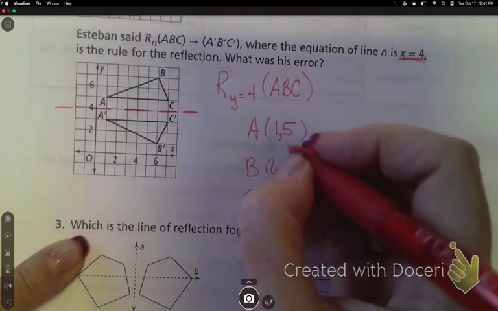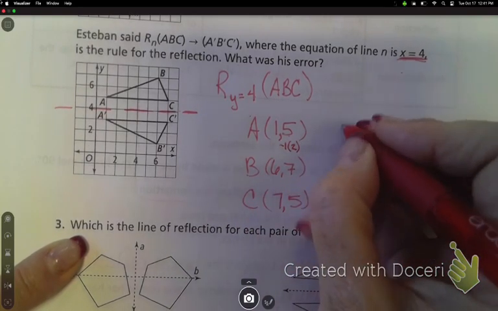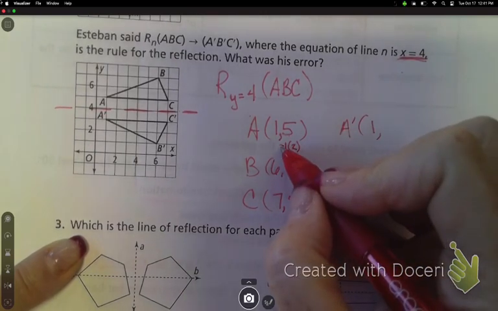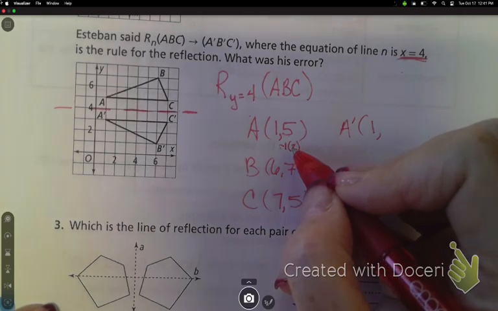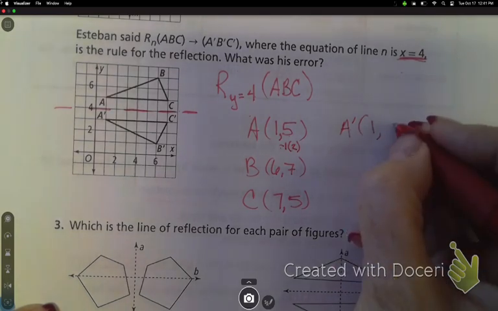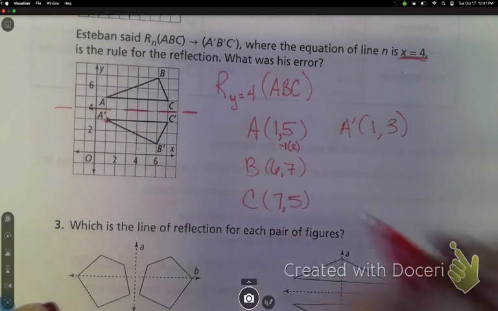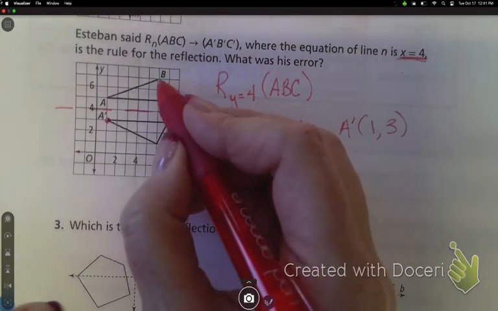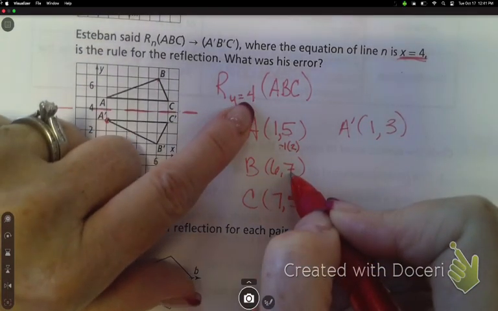So that would be minus 1 times 2. So A prime would be what? What's negative 1 times 2? Negative 2. So what's 5 minus 2? 3. Is this point not at 1, 3? Okay, see what I'm doing? Okay, B, I'm going from 7 to where? 4.